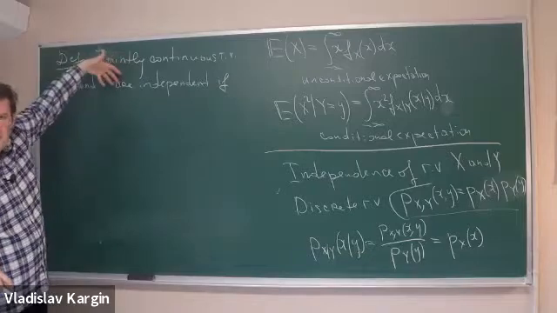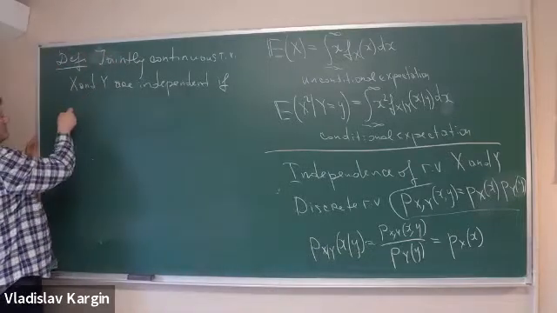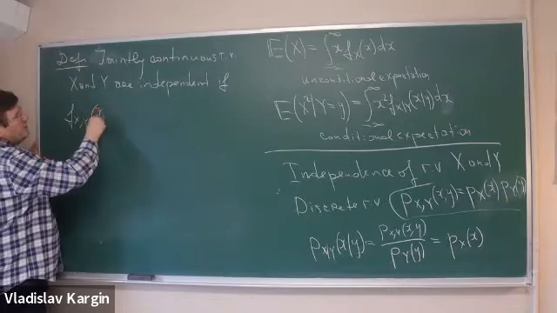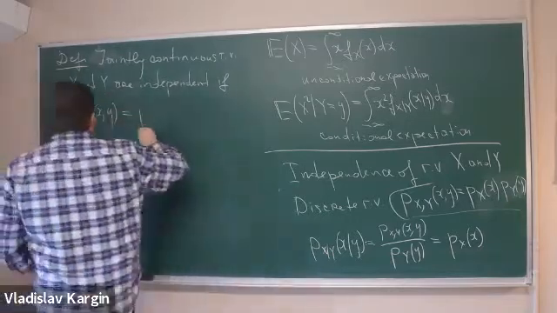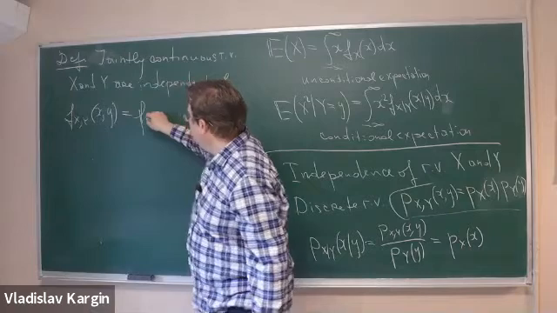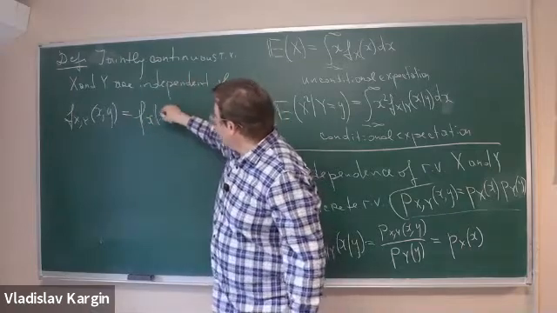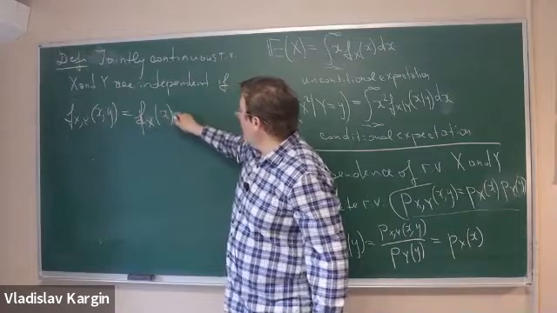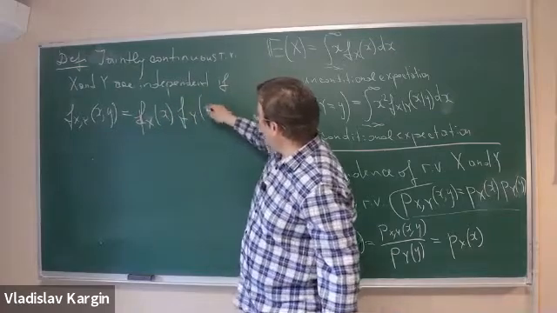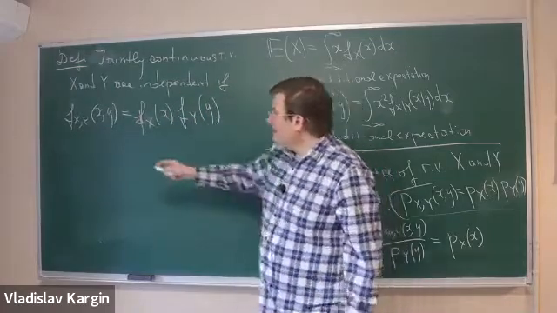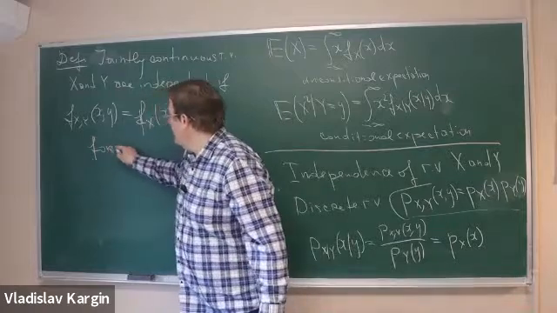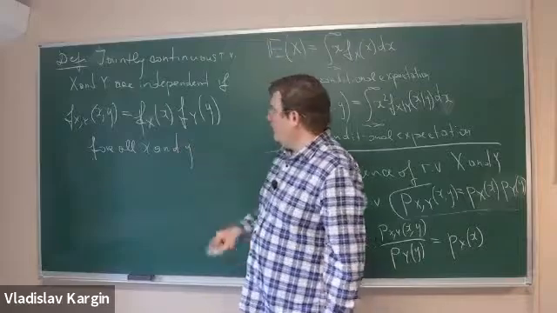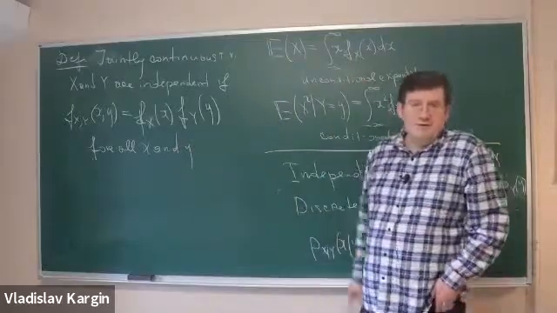So again, I skipped this, but with a joint density f of x, y, of x small, y small, should be equal to the product of the marginal densities: f of x large of x small multiplied by f of y large of y small. And it's important that this holds for all x and y. And so this is the definition.